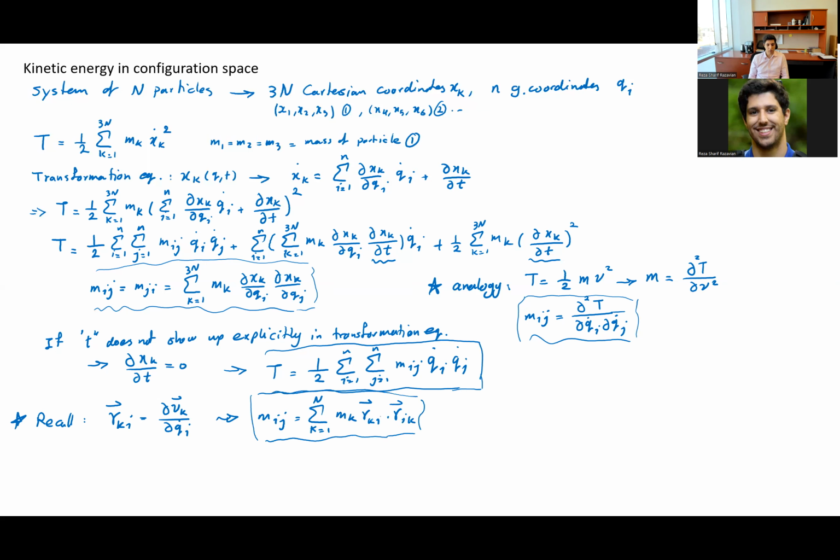I don't write it down because I don't have it in my notes, and I might make a mistake. But anyway, these are gammas, these are not r's. So these are the definitions of kinetic energy using information in the configuration space, or using generalized coordinates.